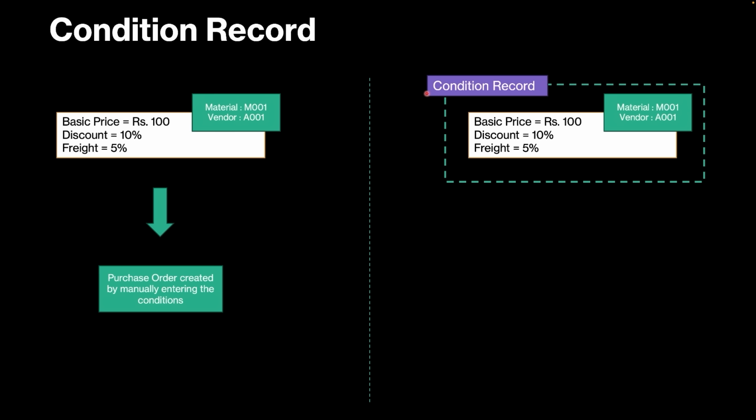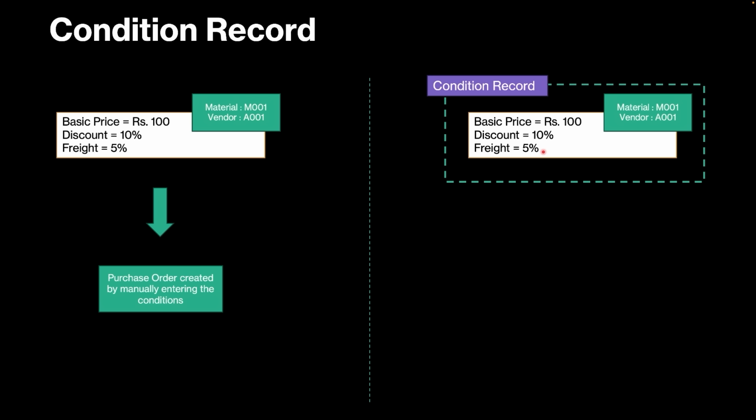And what will this condition record contain? This condition record will basically contain values against these pricing elements. The pricing elements or the condition types that we discussed just now in our previous slide, against those condition types, you will maintain these values or you will maintain these condition records.